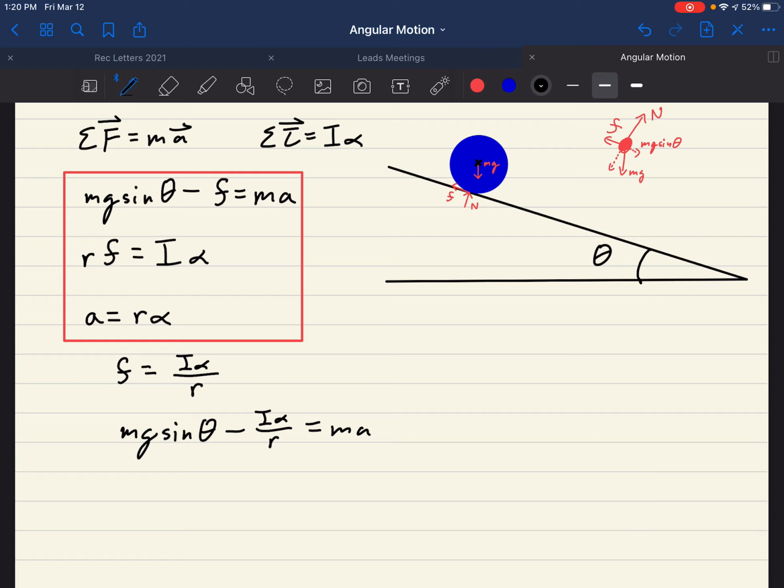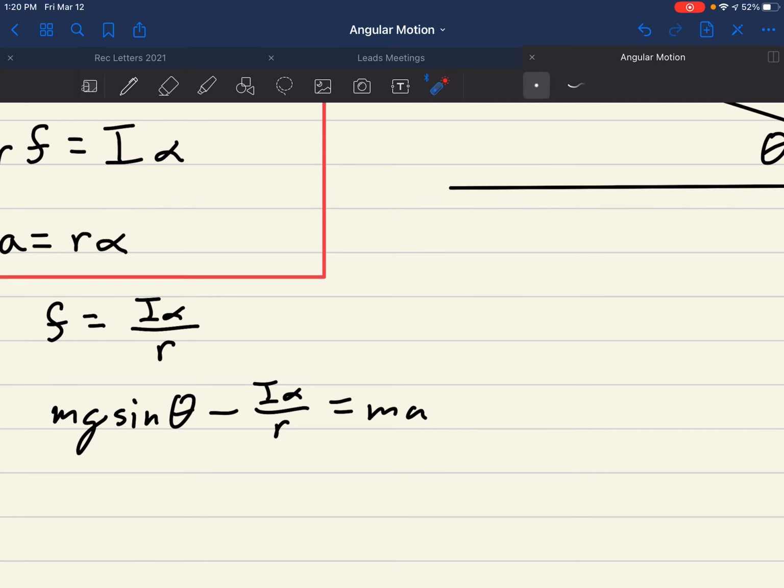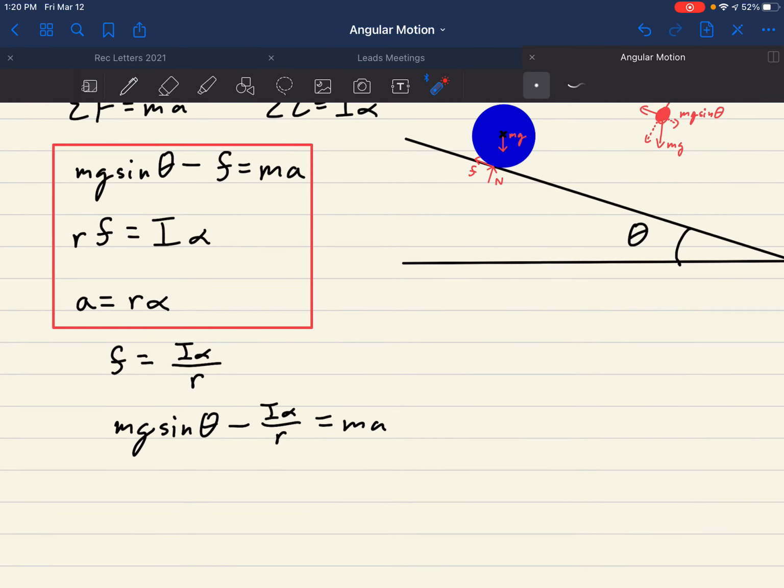Well, now I've got A and alpha in here. I just want to pick one to solve for, so let's get rid of alpha. I can do that using this equation: solving for alpha, alpha is A over R. So I can use that to get rid of my alpha and put an A over R there instead.